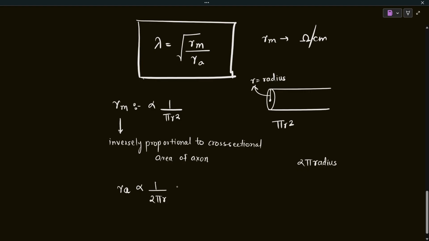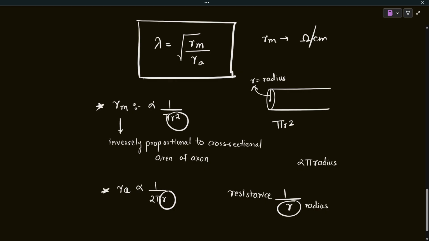So this is how we know that the axon radius is going to have an important effect. Radius has an important effect on the resistances. We already know the resistance will be inversely proportional to the radius, by these formulas.